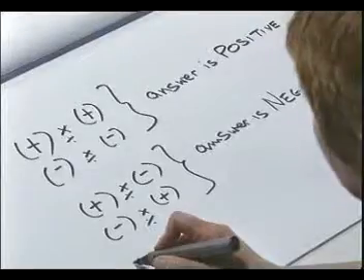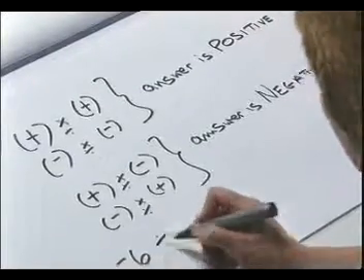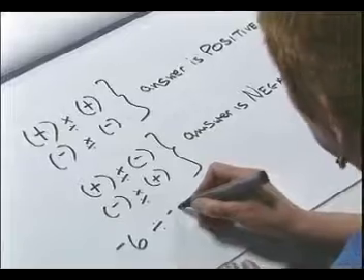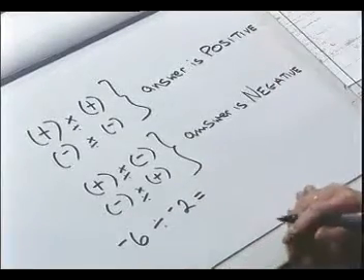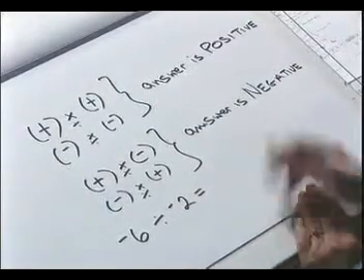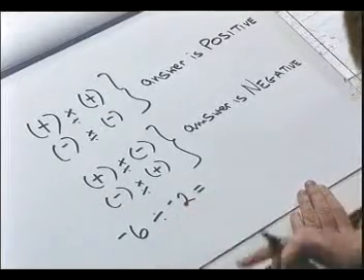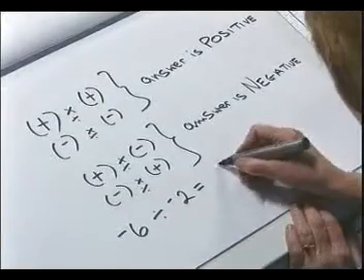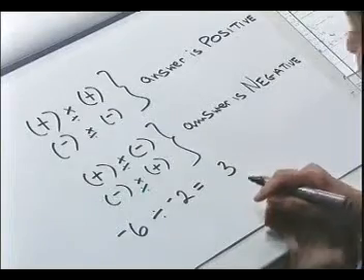So, if I had these examples, negative 6 divided by negative 2, my answer will be, do the division first, 6 divided by 2, which is 3, and then think about the signs.